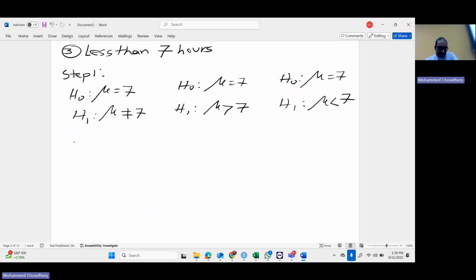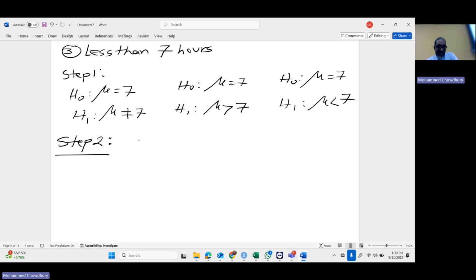Step 2. I want to suppose here n equal to 16 and suppose the data follow normal distribution.